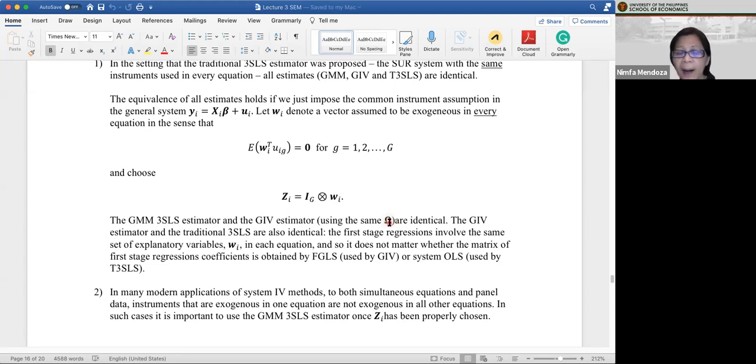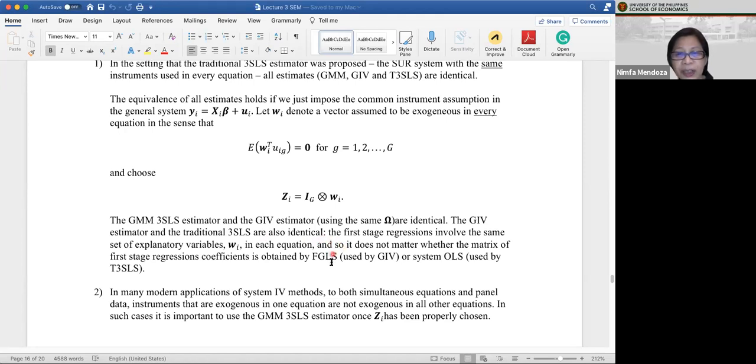Okay. The GMM three-stage least squares estimator and the GIV estimator using the same omega, or the assumption for the distribution of the u's, the variance covariance matrix of the u's, are identical. Okay. Furthermore, the GIV estimator and the traditional three-stage least squares are also identical. Okay.